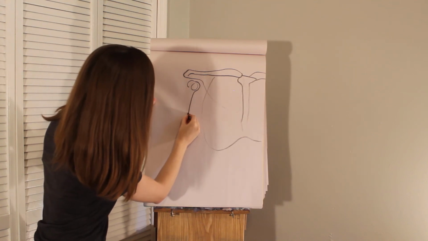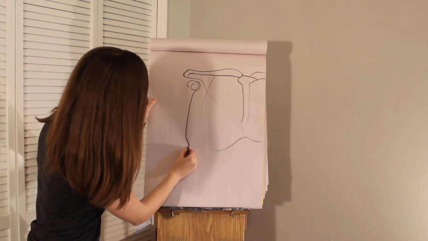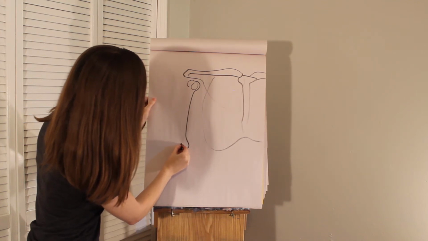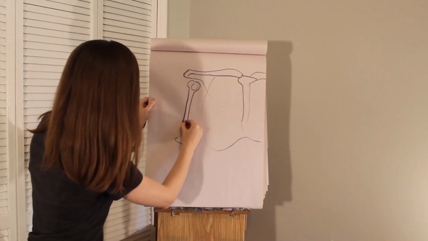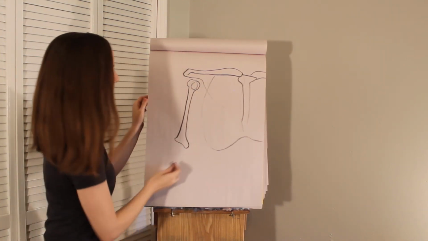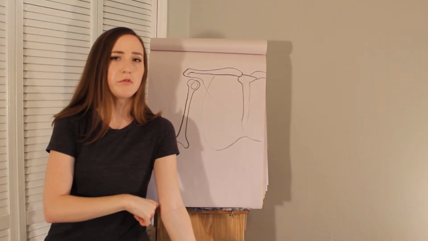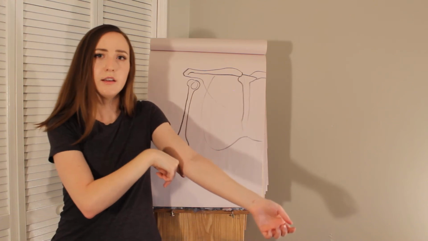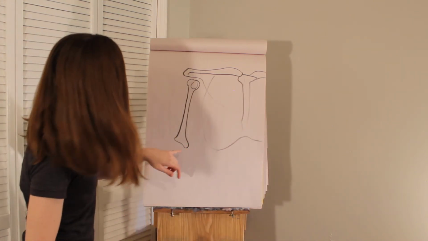We're going to go down, and the epicondyle that is closest to the ribs is a little bigger than the one on the outside. If you have your arm supinated and you feel that knobby inner part of your elbow, it's a lot bigger than the one on the outside.